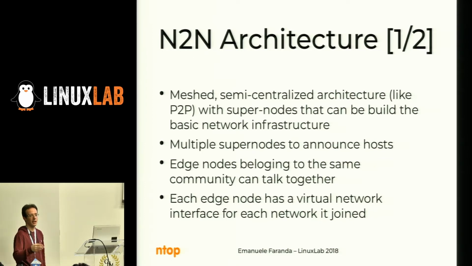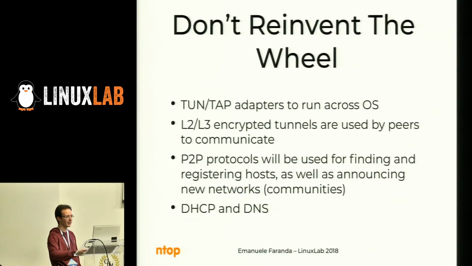We use TAP adapters, which are layer 2 adapters. So when you join a community, you will see a virtual network interface in your system, and you can assign an IP address on it. You can apply routing policies on it. You can use the existing system facilities to do this.